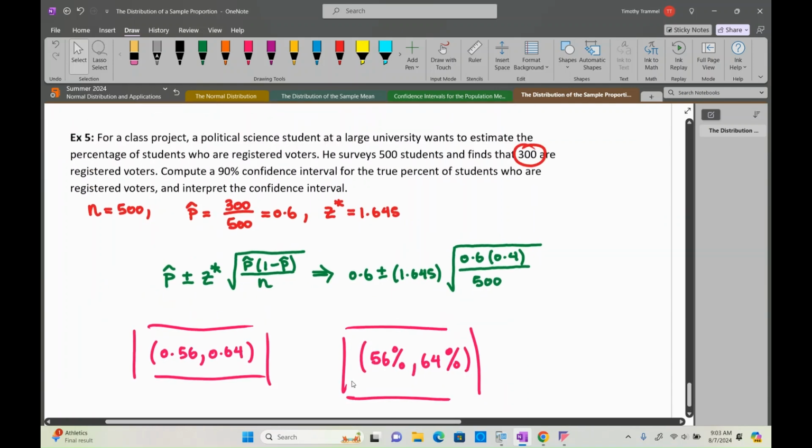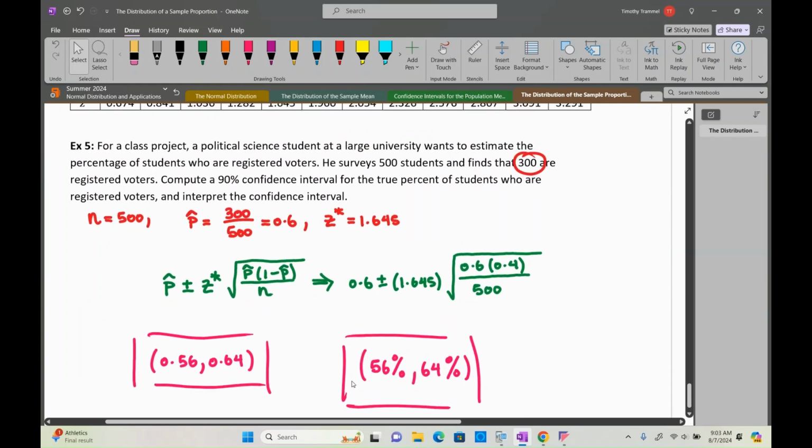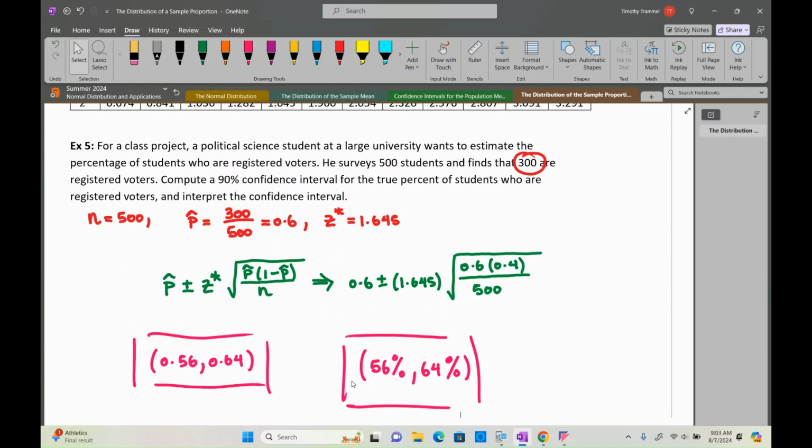All right, and so what this means is 90% of confidence intervals formed using this process for samples of size 500 will contain the true or population percentage of students that are registered voters.